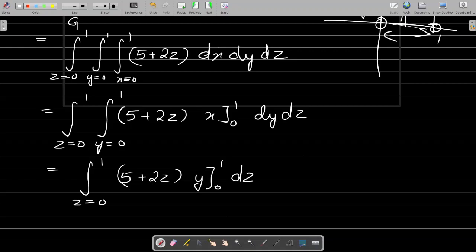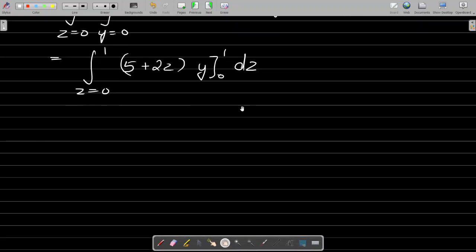Again, y within the limits 0 to 1 is also 1.